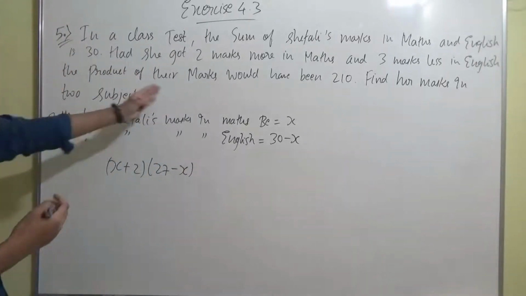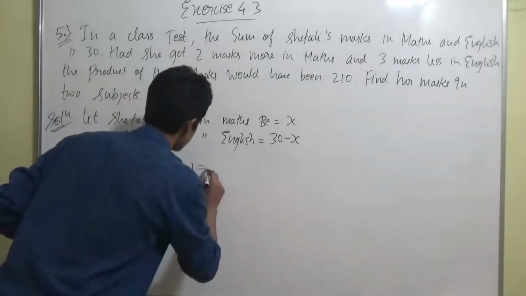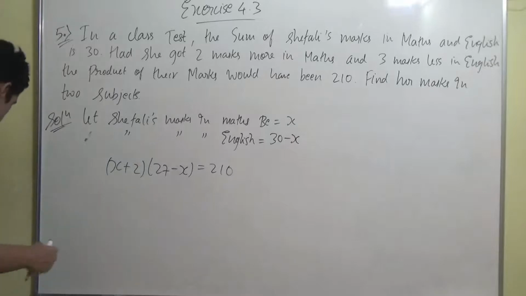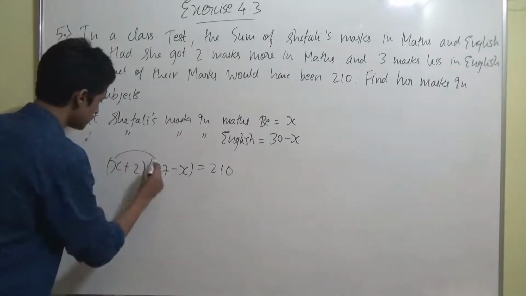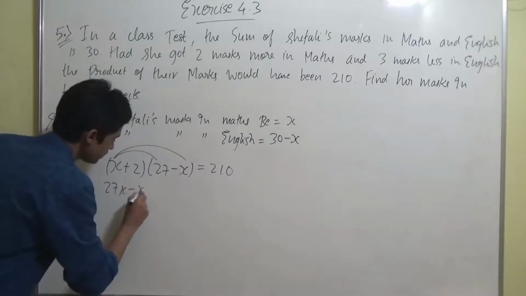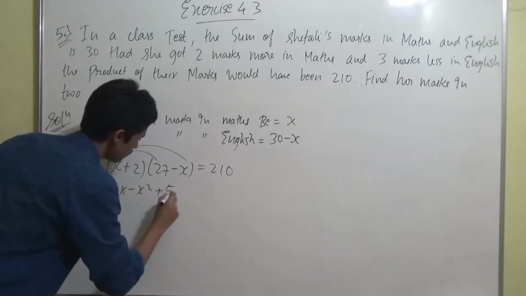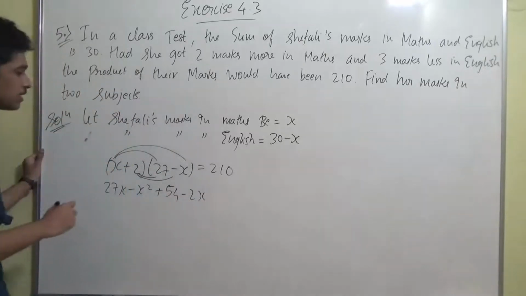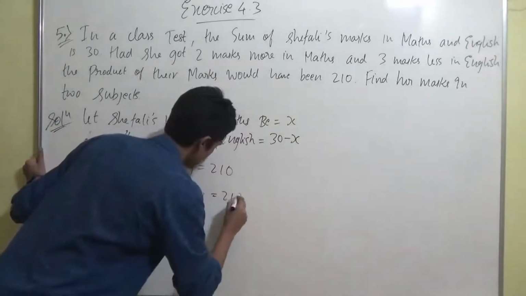The product of their marks would be 210. Right. Now let's start to expand this equation. This will become 27x minus x square plus 54, now this I am multiplying, minus 2x, equal to 210.